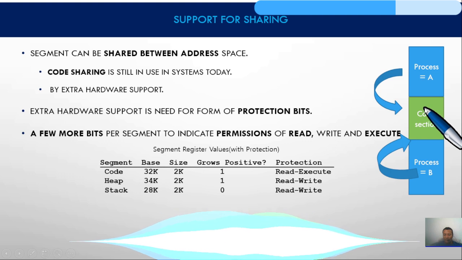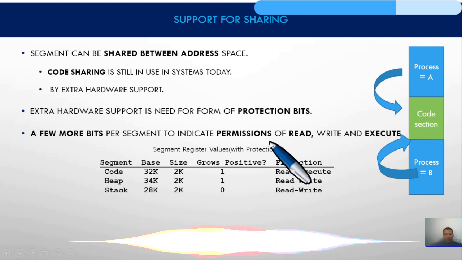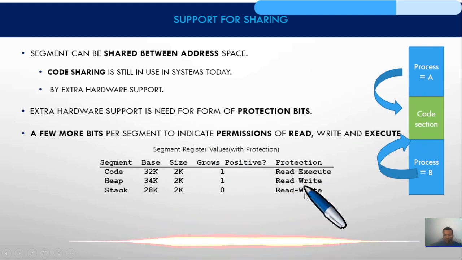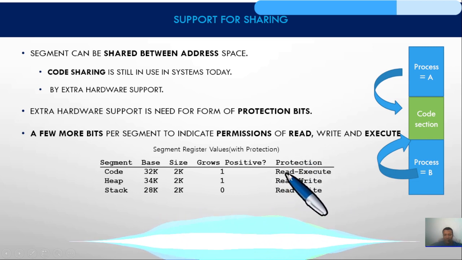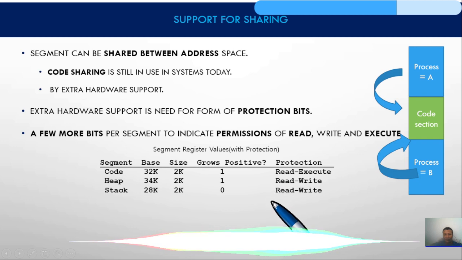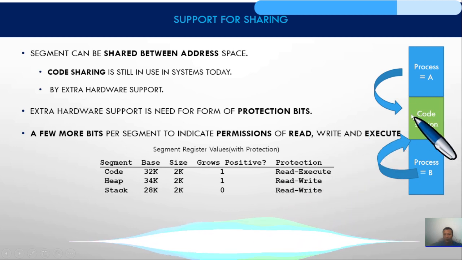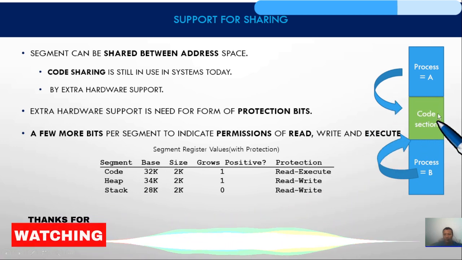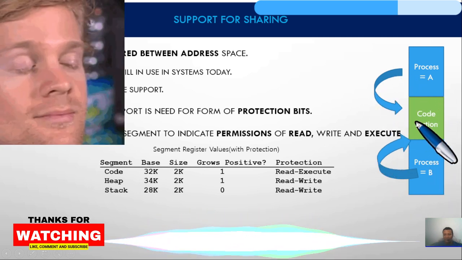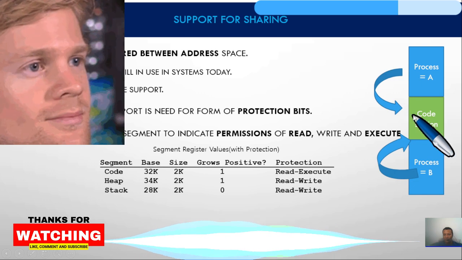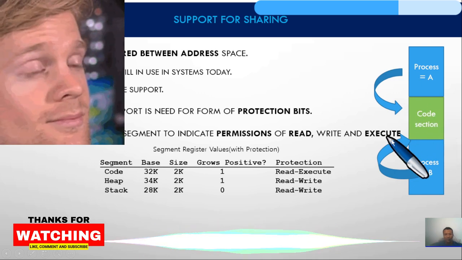In this situation, we add an additional column for protection, as you can see: read-execute, read-write. We have to give additional bits to protect this code section, so the other processes can use the code but cannot make changes to it.